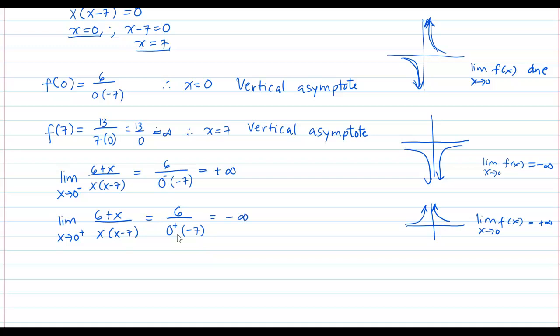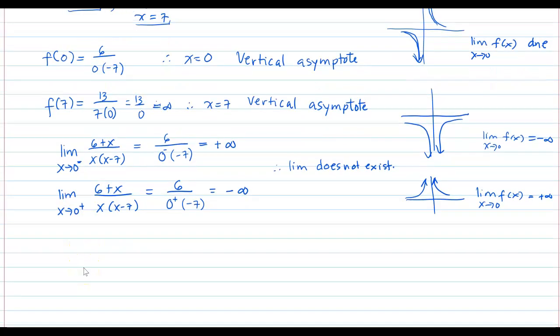It follows the rule of signs. Positive over negative is negative. Because we got a positive infinity and a negative infinity here, we say the limit does not exist. So that is for x equals 0.